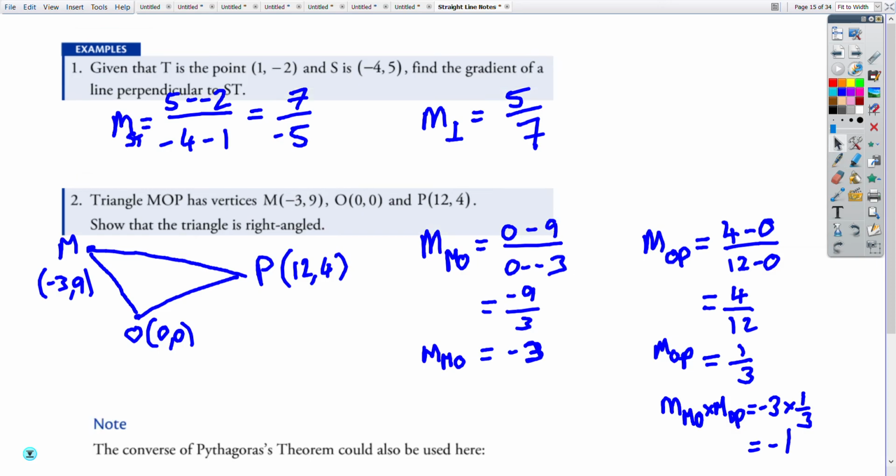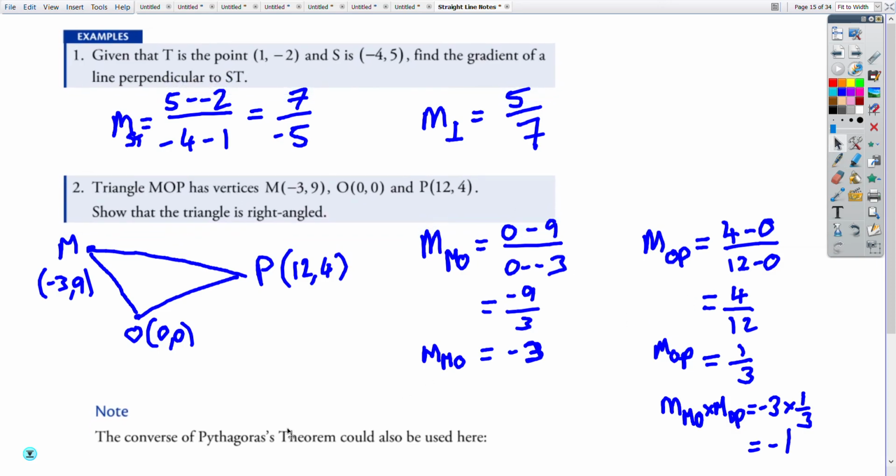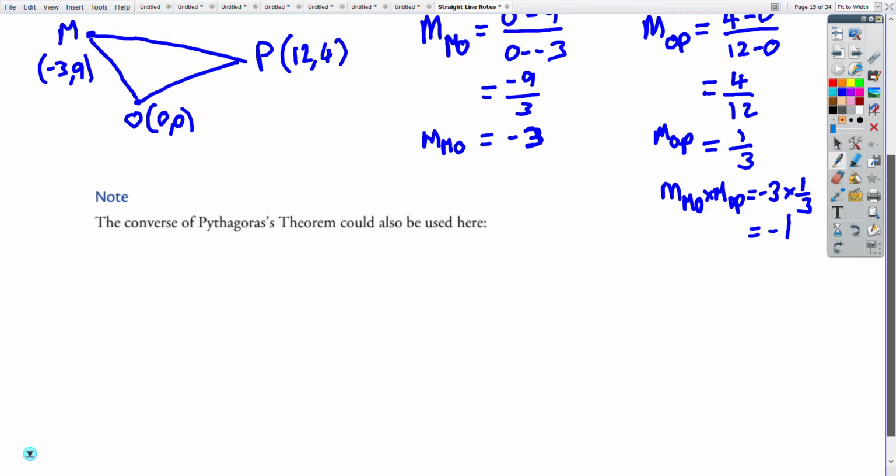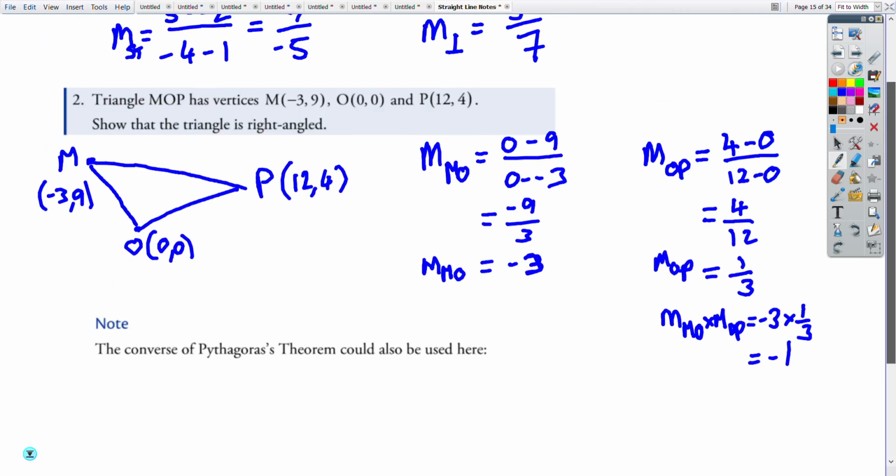And so, I need a little bit more space here. So the question is asking, show that the triangle is right angled.